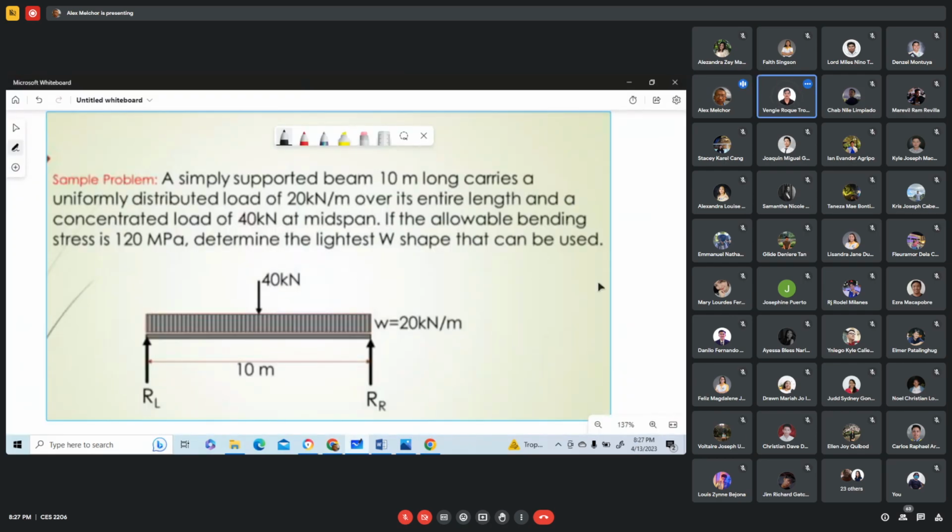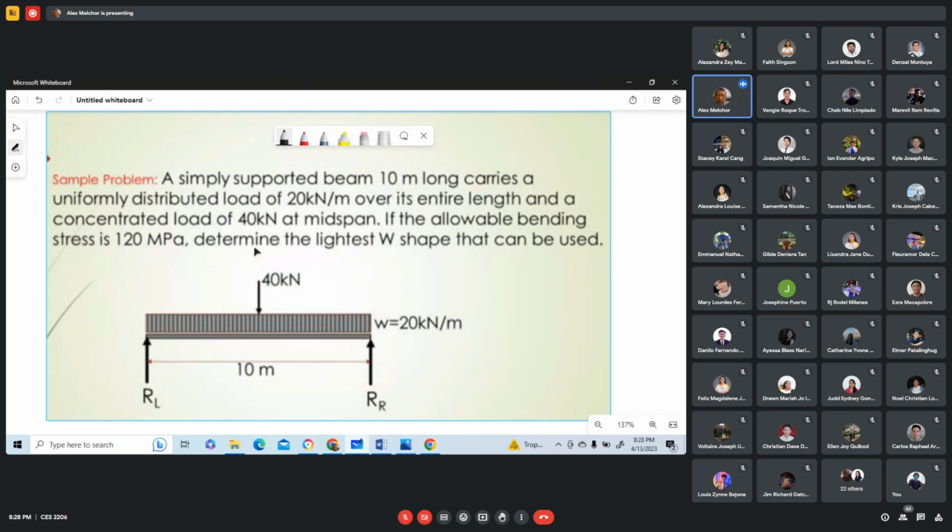A simply supported beam, 10 meters long, carries a uniformly distributed load of 20 kilonewtons per meter over its entire length and a concentrated load of 40 kilonewtons at midspan. If the allowable bending stress is 120 megapascals, determine the lightest weight shape that can be used.